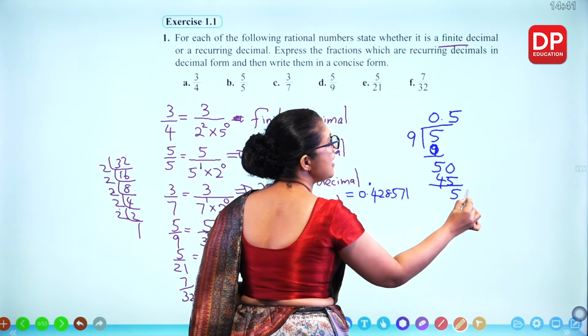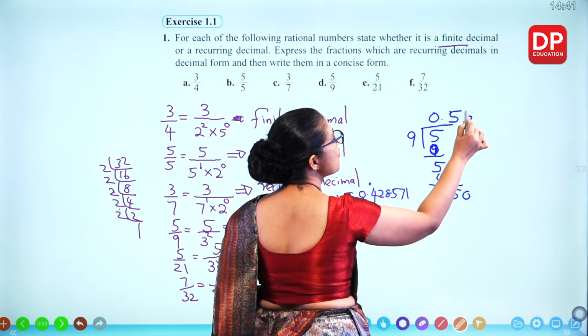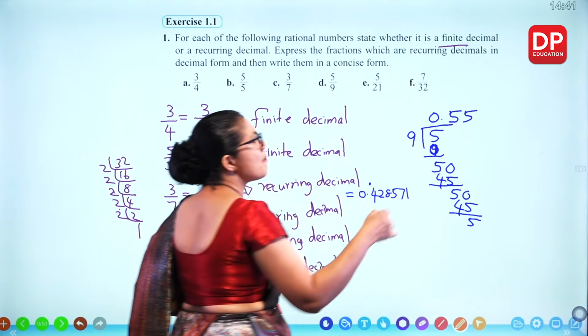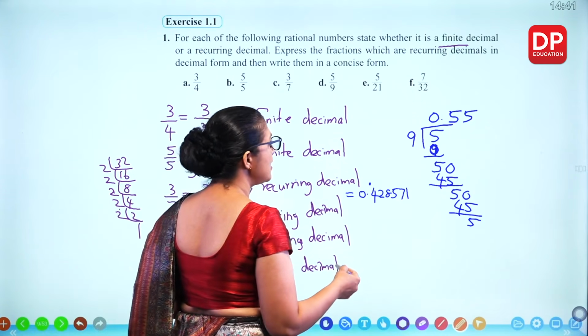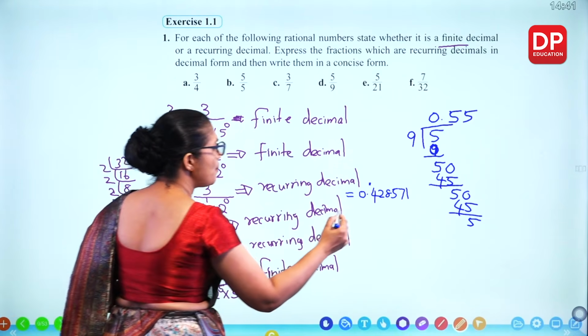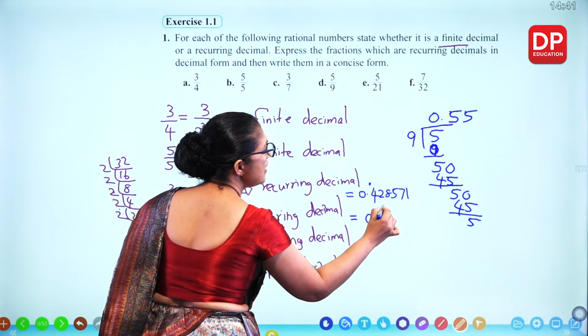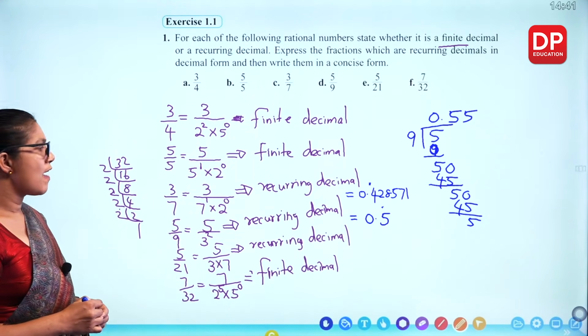Again, 5 remaining. For 50, how many 9s? 9 times 5, 45. So here, can you see 5 is repeating there. So how can we write down as concise form? 0.5, and then you can put 1 dot above 5.